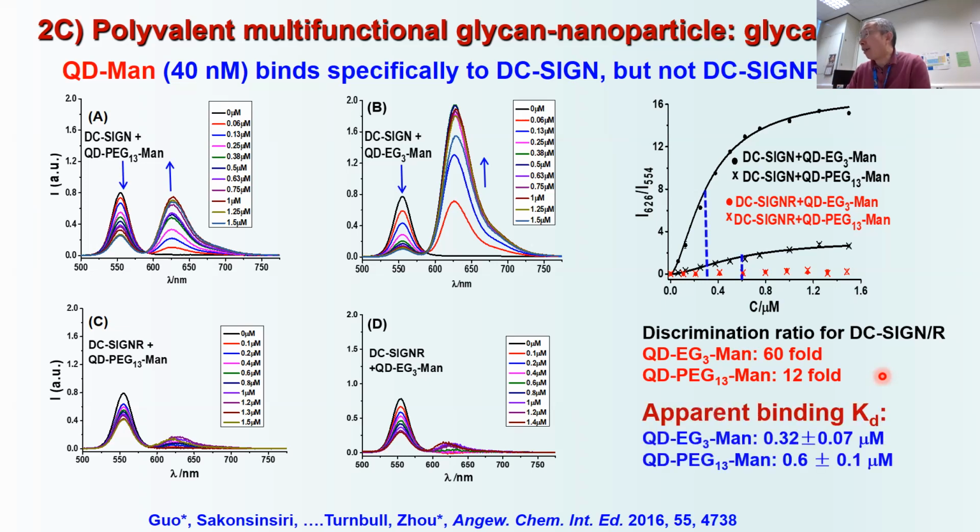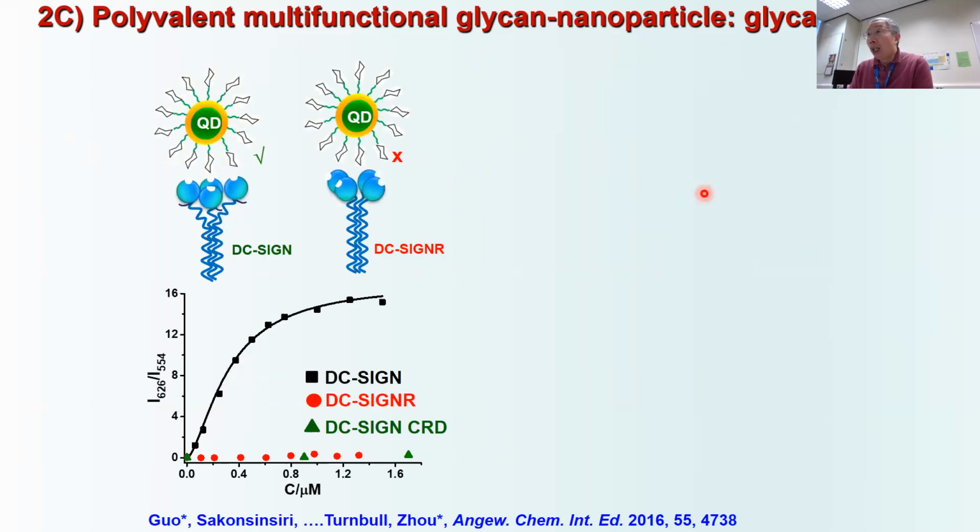We have also been able to roughly estimate how strong the binding is. We found it's in the sub-micromolar range, so the KD roughly corresponds to half of the maximum binding there. Based on this result, DC-SIGN clearly might be able to bind simultaneously or multivalently to each individual quantum dot.